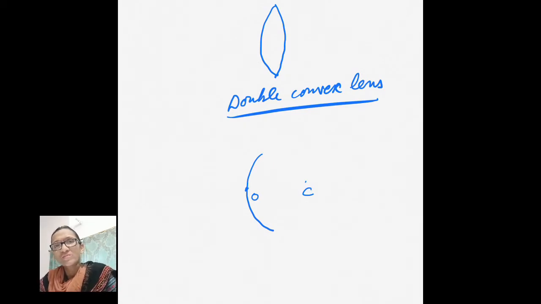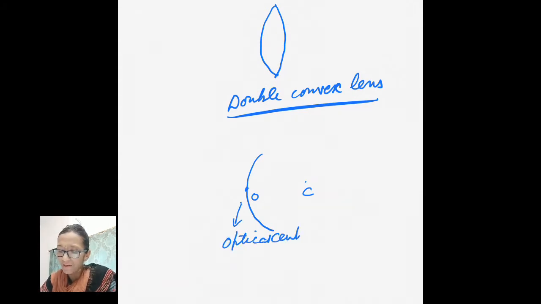All those glasses that are worn in our specs are transparent from both the sides. It is not opaque. And in a transparent material medium, which we term as lenses, they have an optical center instead of a pole.